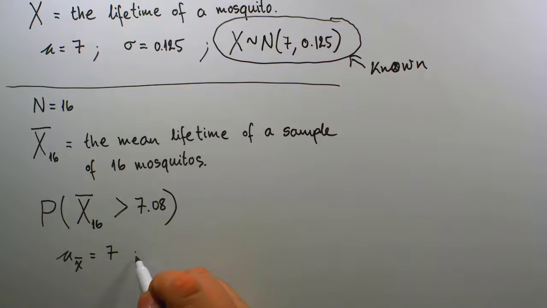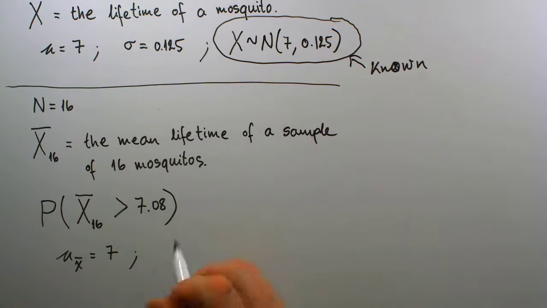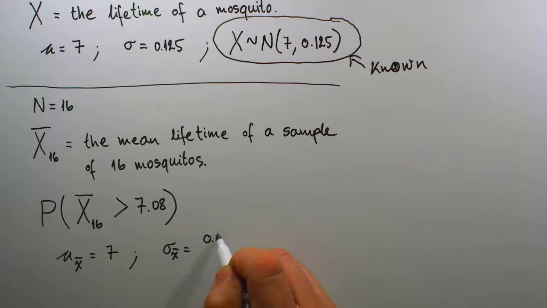Our average spread on this sampling distribution, symbolically sigma x bar, or formally the standard deviation of all sample means, can be quickly calculated as the given sigma from the beginning population, 0.125, divided by the square root of the sample size.